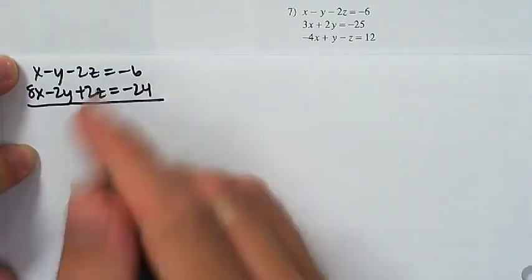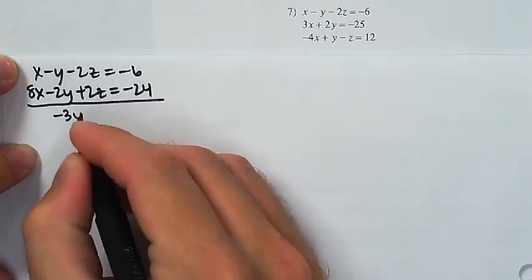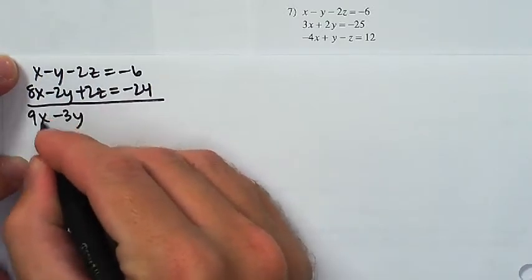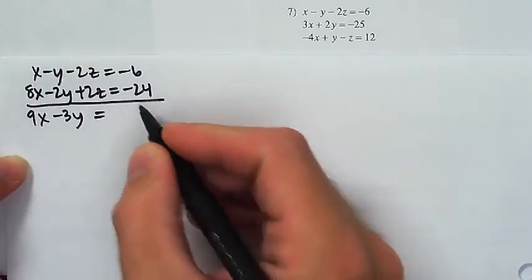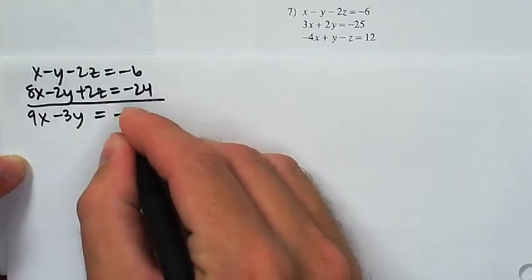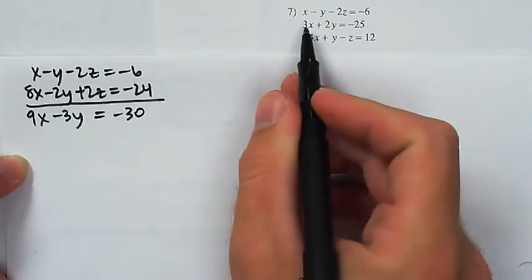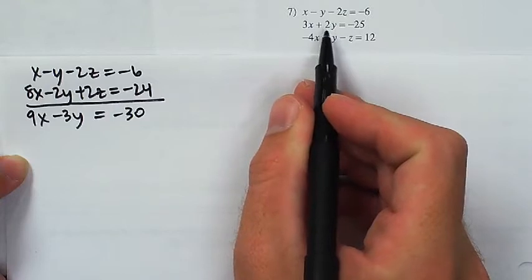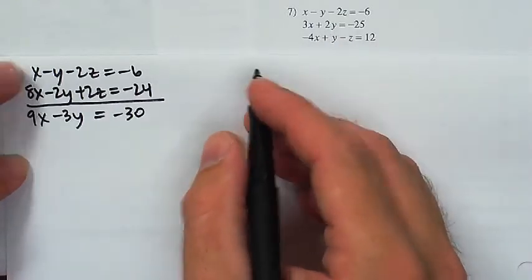Add these all together, and I'll get 9x minus 3y equaling negative 30. Then I've also got 3x plus 2y equals negative 25.